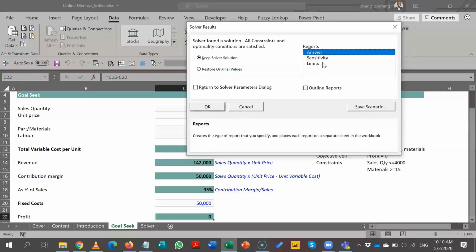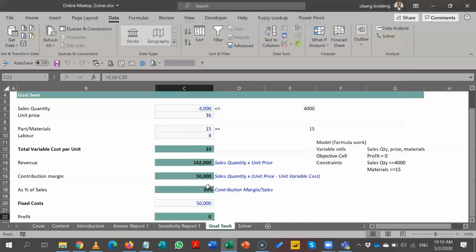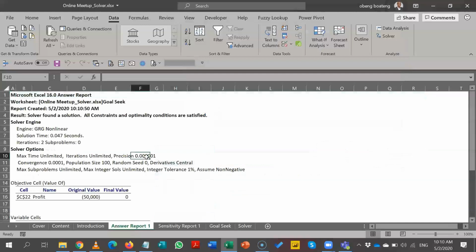Okay, so let me illustrate. I want this solution to be printed out. So I have answer and sensitivity checked. And then I'm going to click OK. So in the answer report, it's going to give me this report. So every detail I put in there.